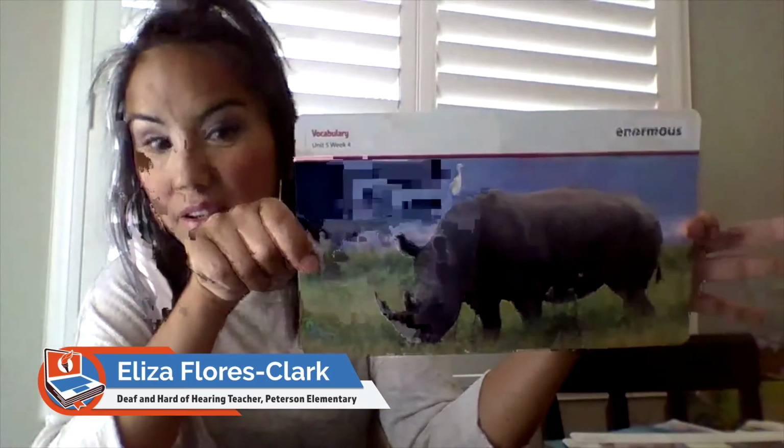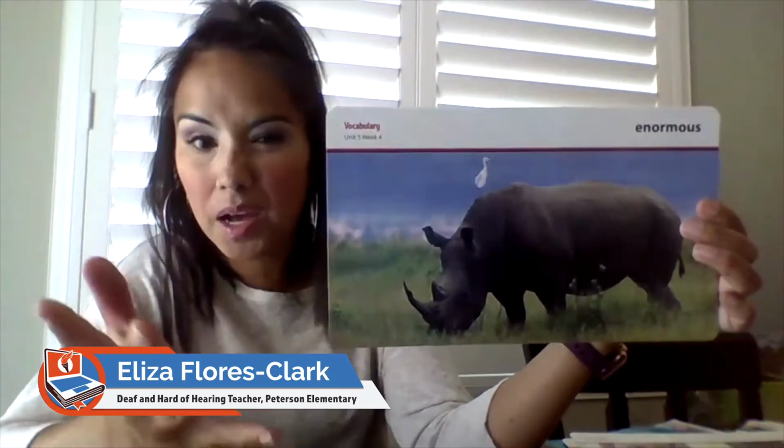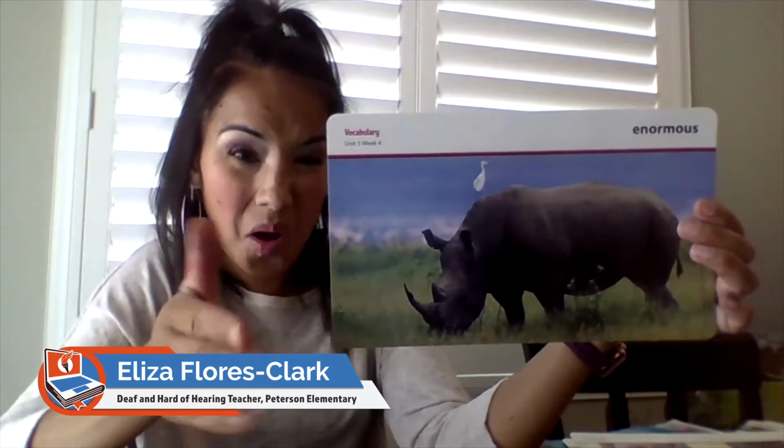Is this? Well, we know that's a rhinoceros. But what size? Is this animal small and little? Nope. This is enormous. Enormous. I'm going to read the definition on the back. It says, something that is enormous is very large in size or amount.